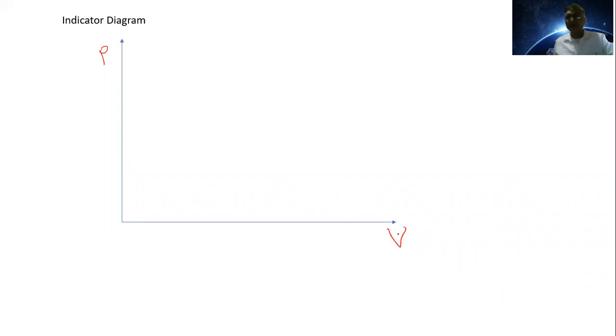The nature of the graph that we get here is called the indicator diagram. Now see here, the graph of pressure against volume is called the indicator diagram.